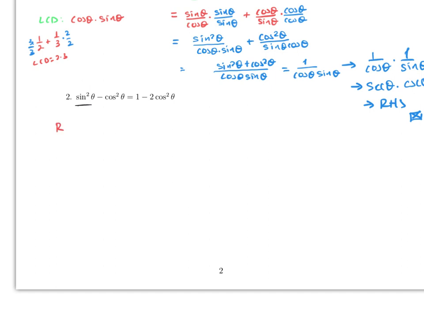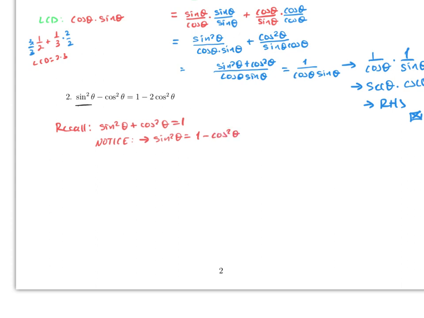So recall, before we do the problem, that sine squared theta plus cosine squared theta is equal to 1. That's the first trigonometric identity that we've seen multiple times. Therefore, sine squared theta is equal to 1 minus cosine squared theta.